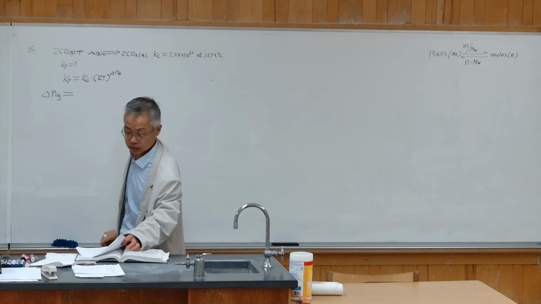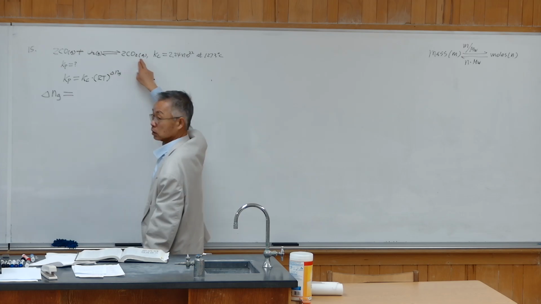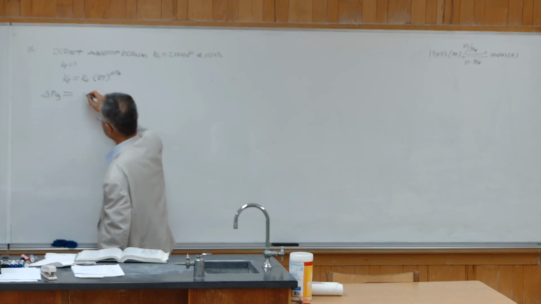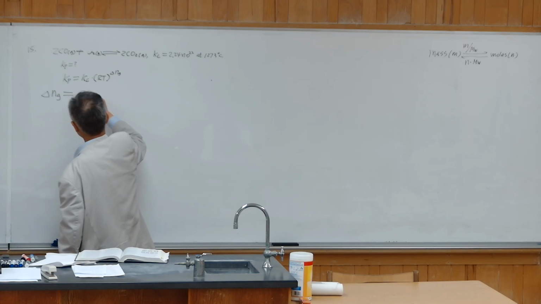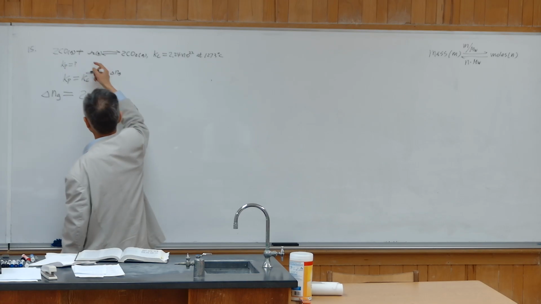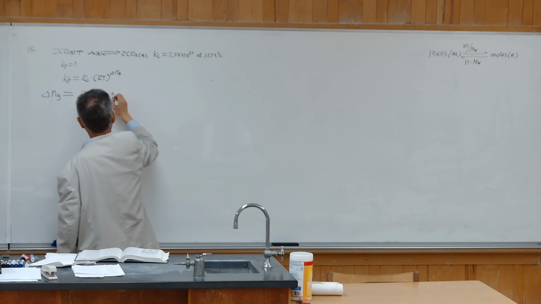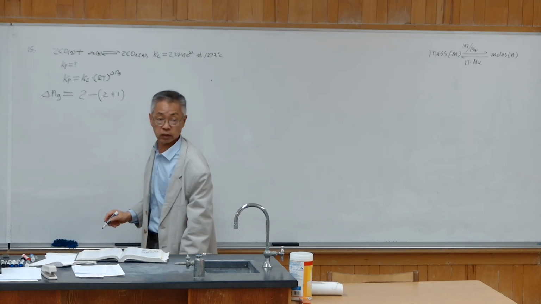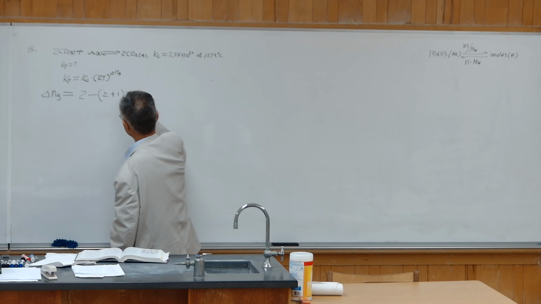For this case, moles on the product side: carbon dioxide is a product, so 2. Moles in reactant: 2 for CO, 1 for O2. Be careful, no number means 1. Okay, so the difference is -1.